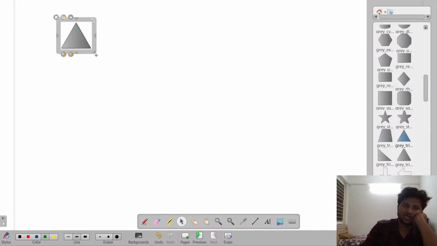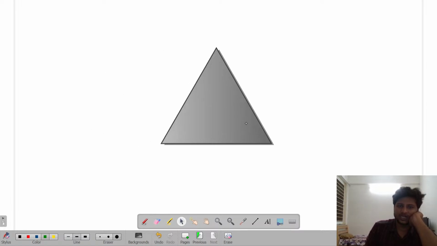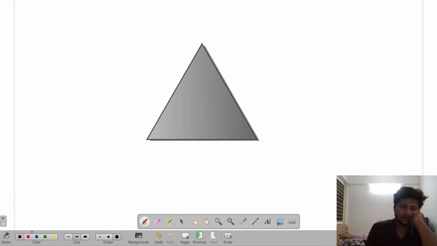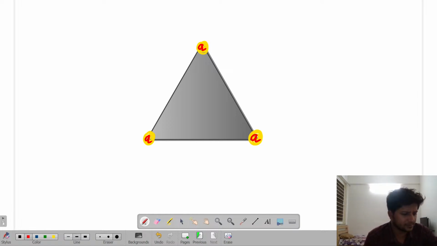Let's suppose I have a triangle, and on this triangle I place a positive charge on each of the vertices. Then please try to draw the electric field lines of these charges. Try to draw it. Do it.